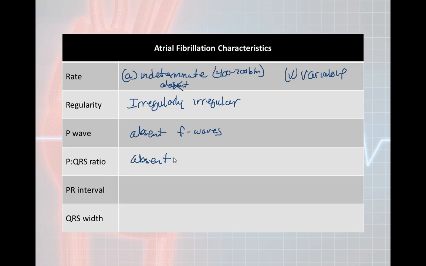Now, unlike atrial flutter, there is no lowercase f wave to QRS complex ratio. There is no ratio there. They're just absent. The PR interval is absent because there are no P waves. The QRS width could be normal or wide, only because it's an atrial problem, not necessarily a ventricular problem as of right now.